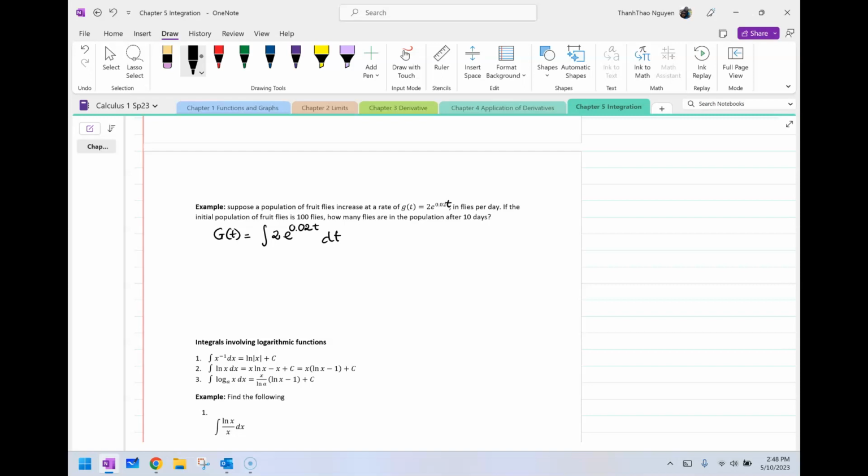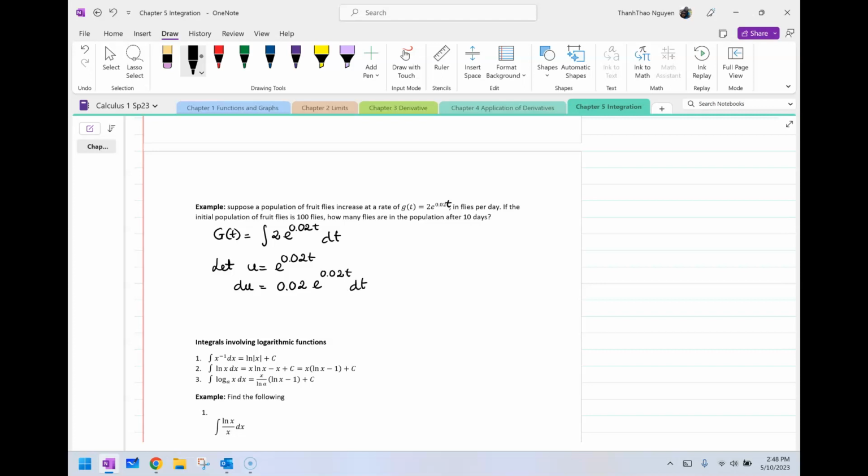So again, this is a simple substitution, right? So go ahead and let u equal e to the 0.02t, du equals 0.02 times e to the 0.02t dt.